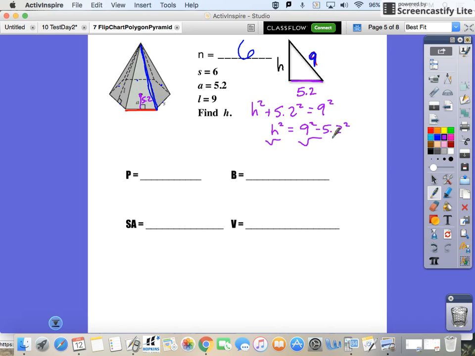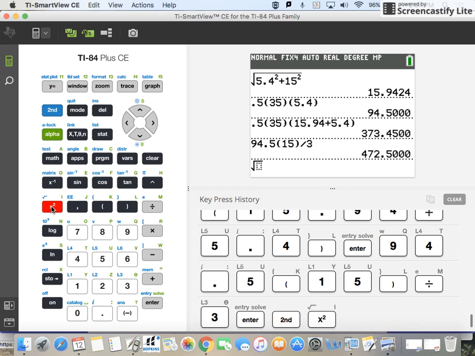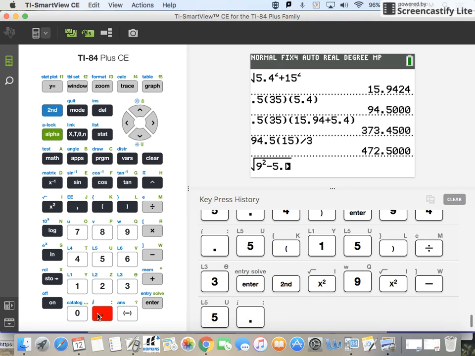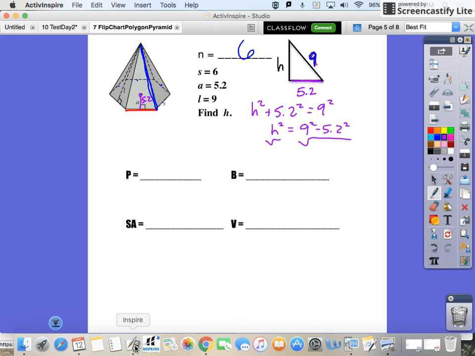And then square root that, so I'll type that in all at once. Square root of 9 squared minus 5.2 squared is 7.35. We'll go centimeters this time. All right, and then perimeter means the perimeter of the base. So if we have 6 sides, each one is 6 units long, we're looking at a perimeter of 36 centimeters.